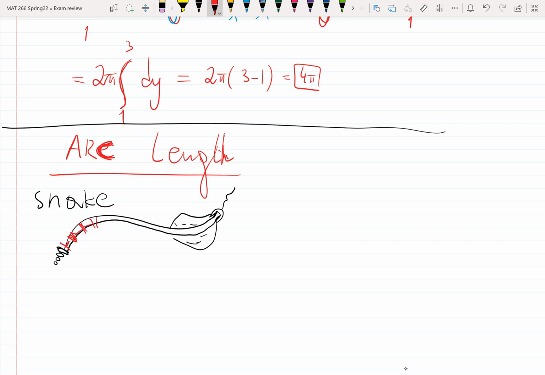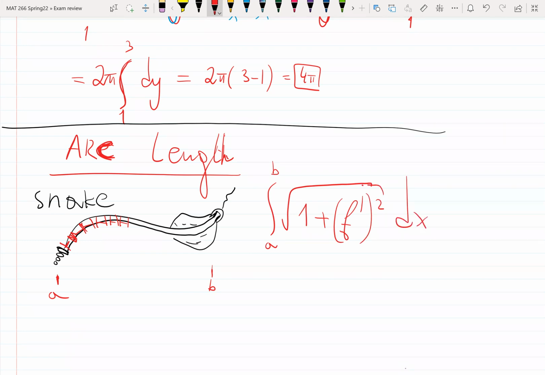The smaller, the better. Accumulate them in the integral from A to B. That's it. And there's a formula. The formula we need to remember is, from A to B or C to D, a huge square root of 1 plus the derivative of the function squared, dx, where the function is the snake, y equals f of x.